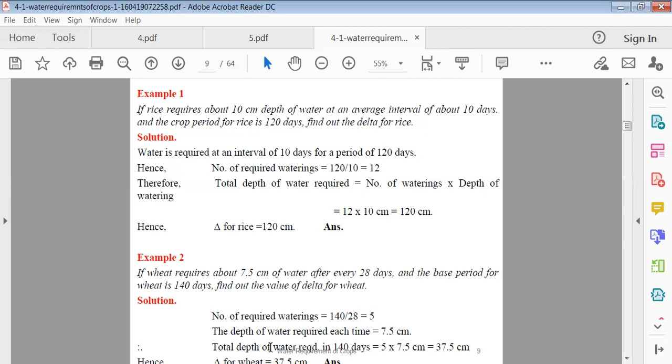So the total depth of water required in 140 days is the number of waterings into the depth of water, 5 into 7.5 centimeter, that is 37.5 centimeter. So delta for wheat is equal to 37.5 centimeter. That means the total water required throughout the complete base period is 37.5 centimeter.